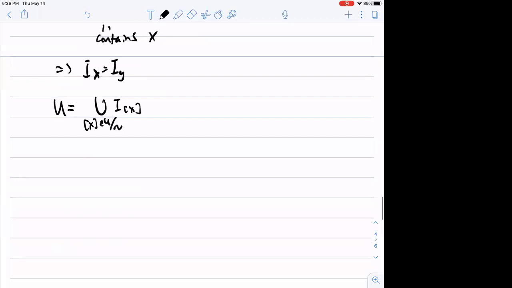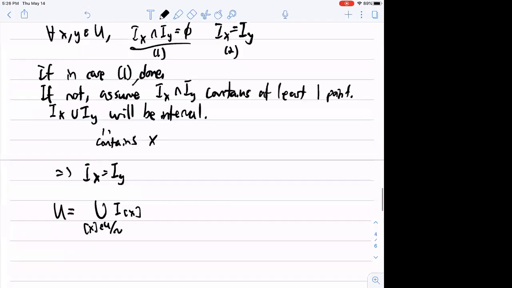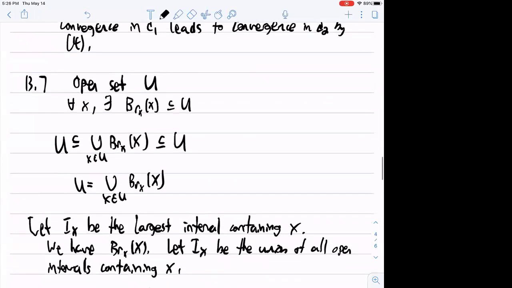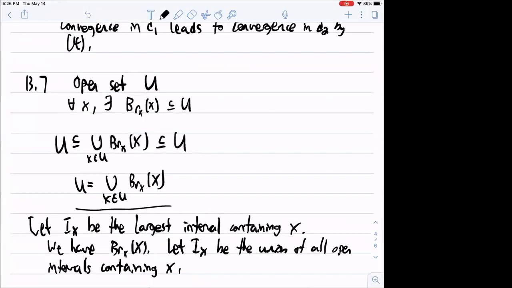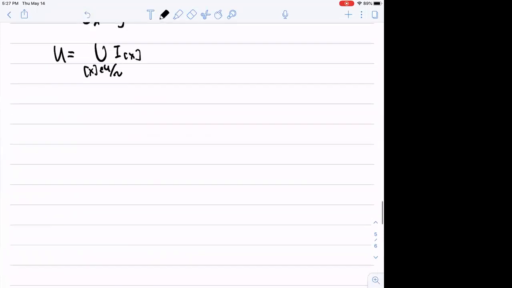So this is one way to do it. Not very important, but the most important thing is this: U is a union of balls, and there's a proof that makes them disjoint. Whoa. Okay, any questions so far?